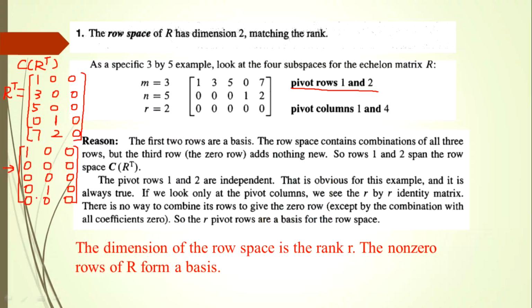It's obvious, right? 2 pivotal columns, 2 independent columns in R transpose. Why do we need the column space of R transpose? That is the row space, the rows of the matrix R.